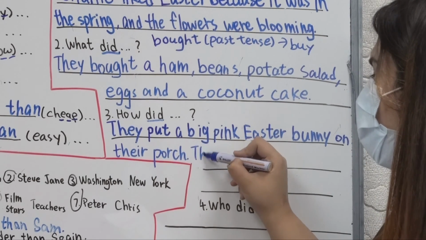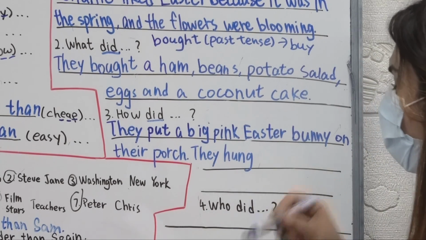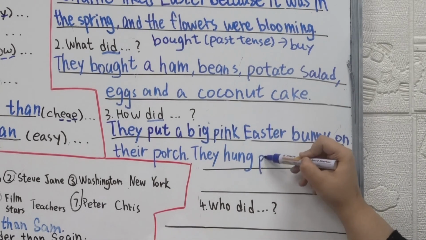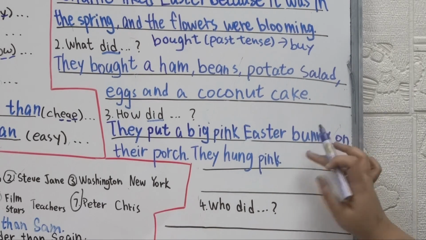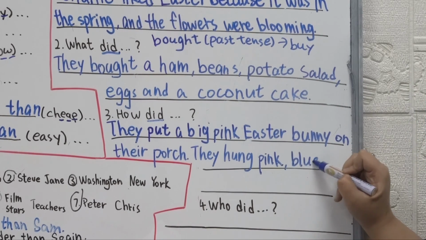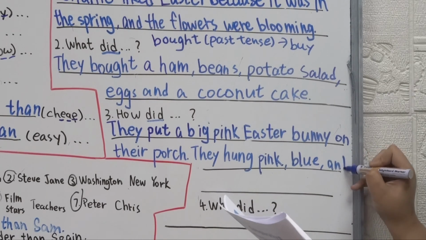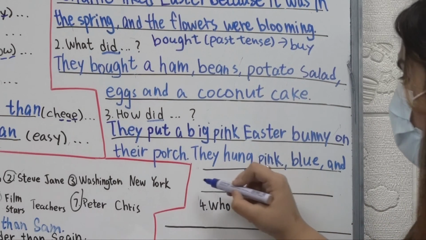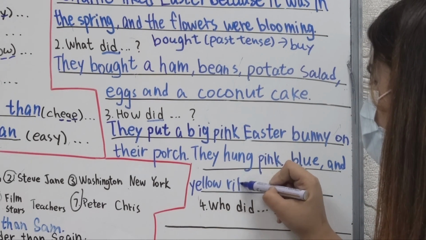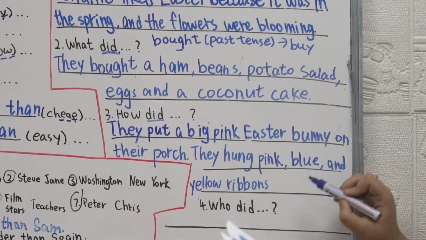and then they hung is the past tense of hang, okay, hang means put, so they hung pink, blue, and yellow ribbons on the lights.